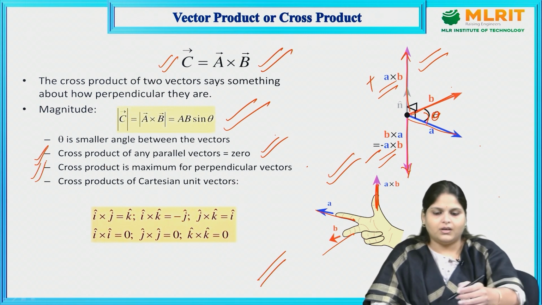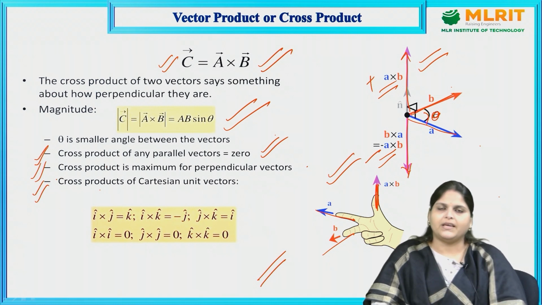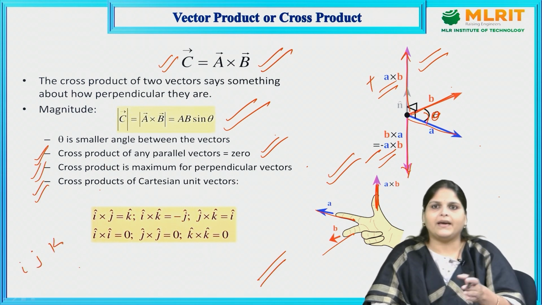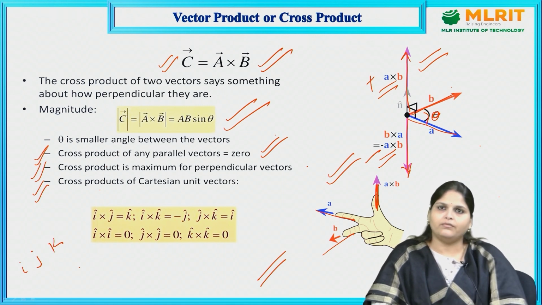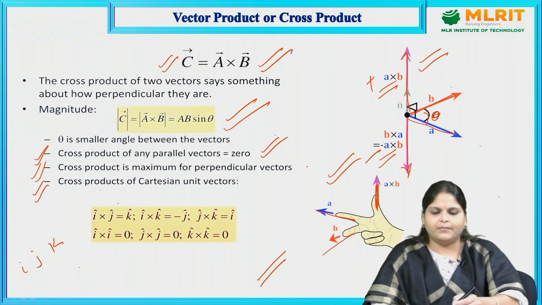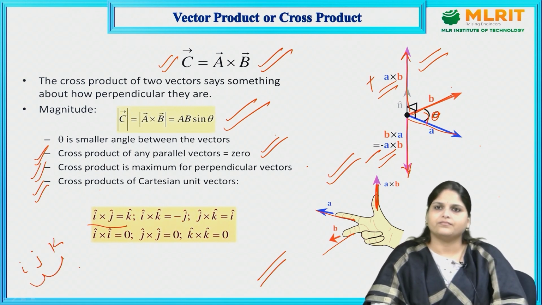Some few more things we can understand by taking the example of the Cartesian coordinate system. Here we are using the Cartesian unit vectors i, j and k, and by using them we are understanding what will be the cross product of various components, right? So let us see, i cross j becomes k, like this, right?